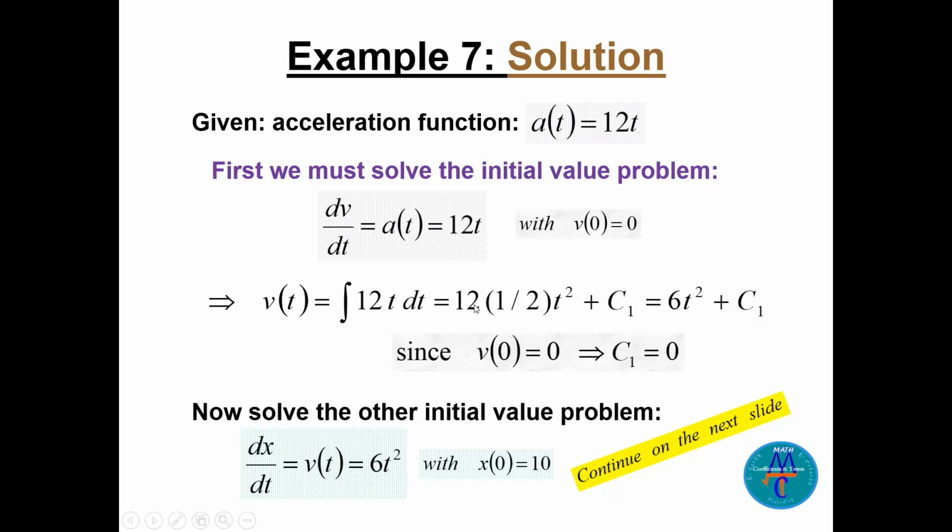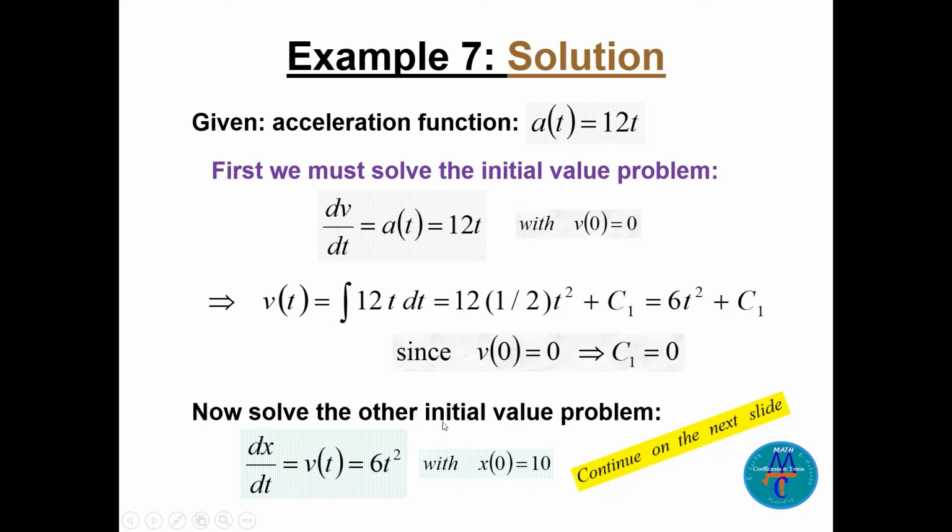So 12 times half will be 6t squared plus C1. Now let's use the condition v of 0 equals 0. So put v of 0, it will be 6 times 0 squared, so C1 will be 0. So now we have the velocity function, 6t squared only.